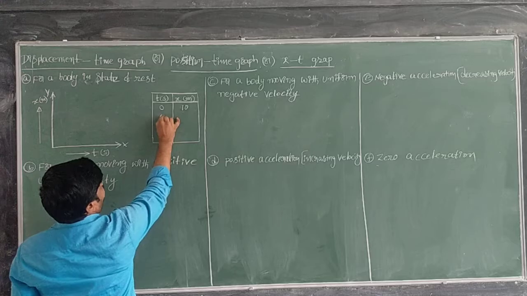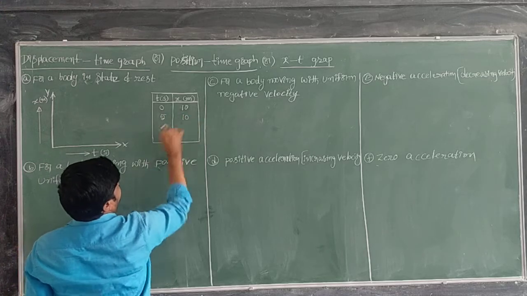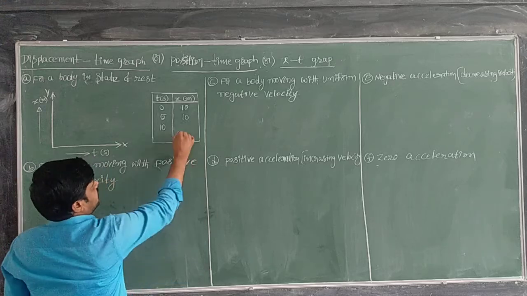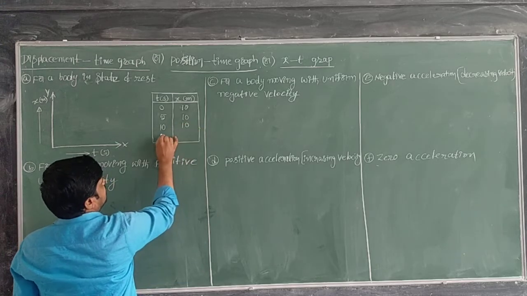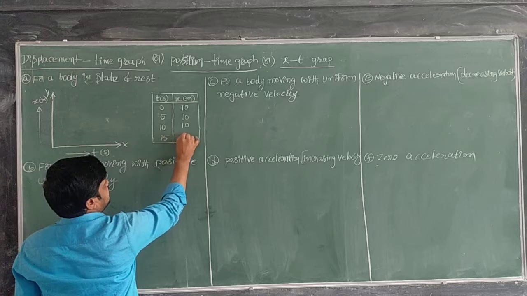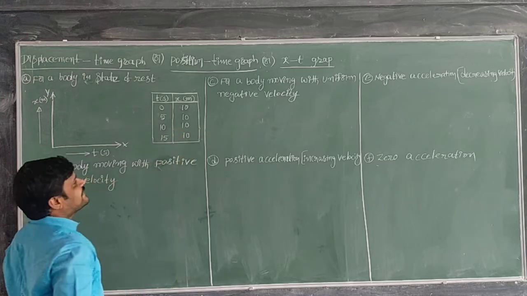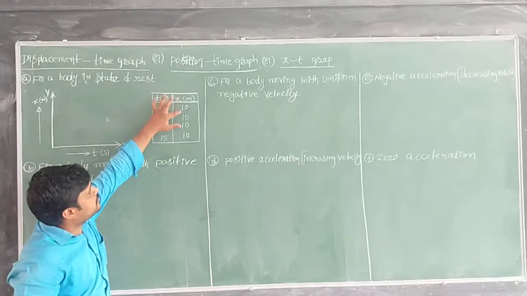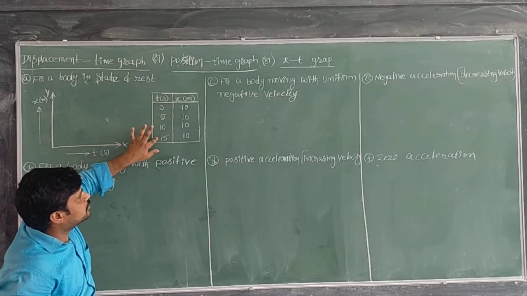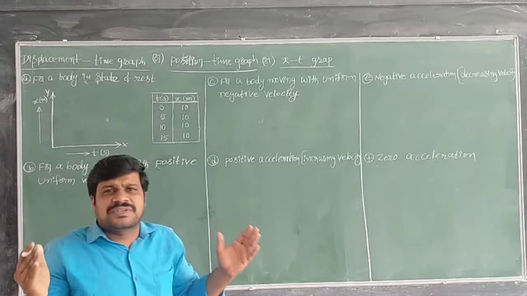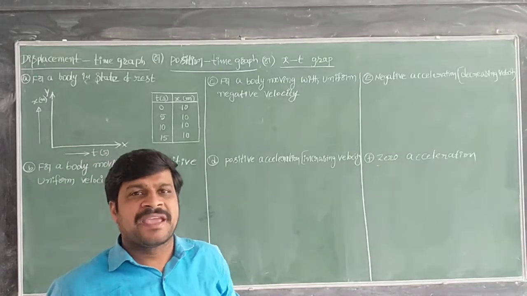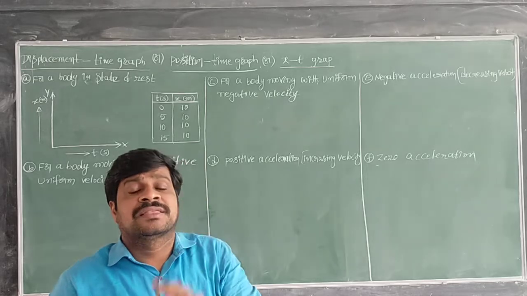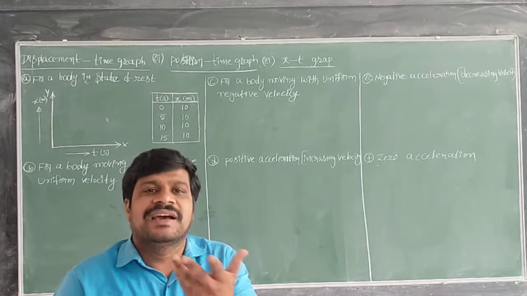When the time is 5 seconds, the position is 10 meters. When the time is 10 seconds, the position is 10 meters. When the time is 15 seconds, the position is 10 meters itself. That means whether you are observing or not, with respect to time the position of the object is not changing. If the position of the object is not changing, then the body is said to be at rest.